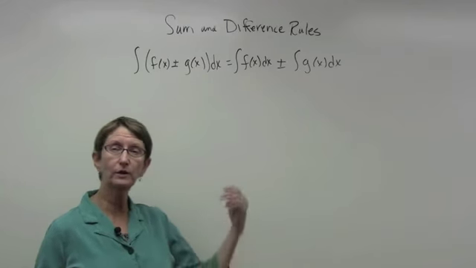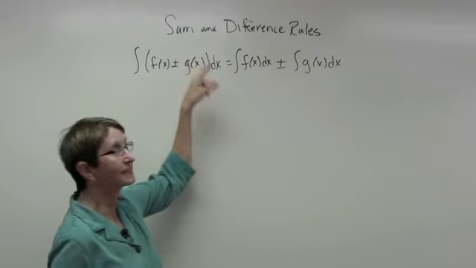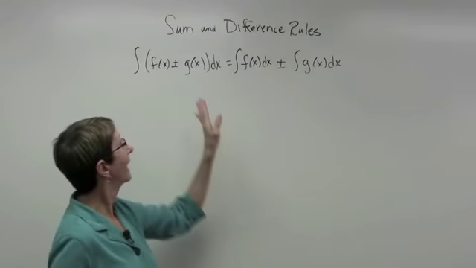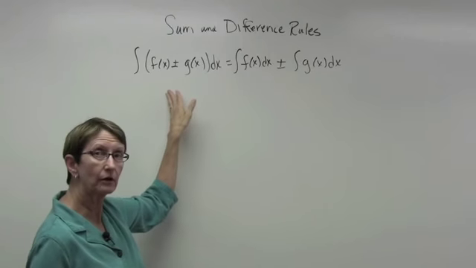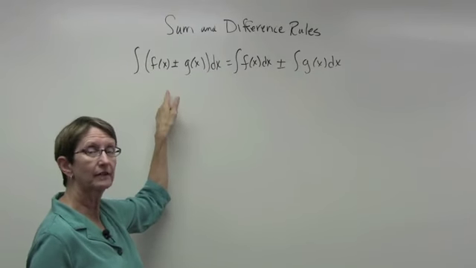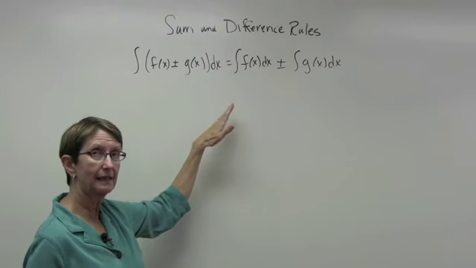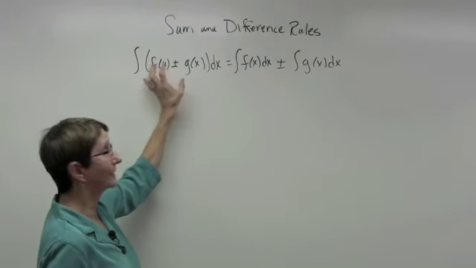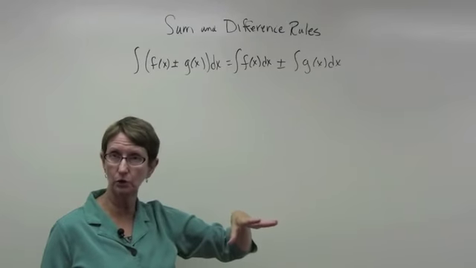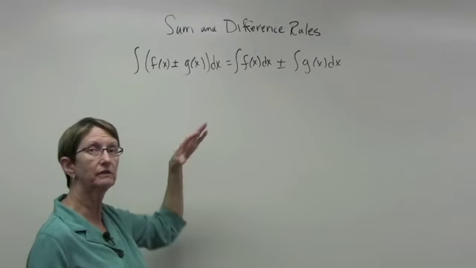In this segment, we're going to look at what we call the sum and difference rules. This first integral says the integral of little f of x plus or minus little g of x dx. The rule says that we can split that up just like you did with derivatives. These are antiderivatives.